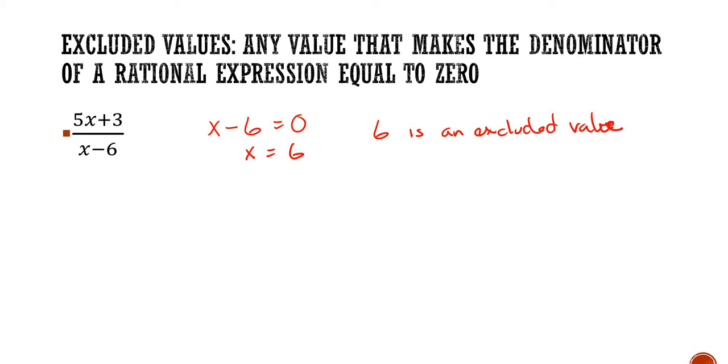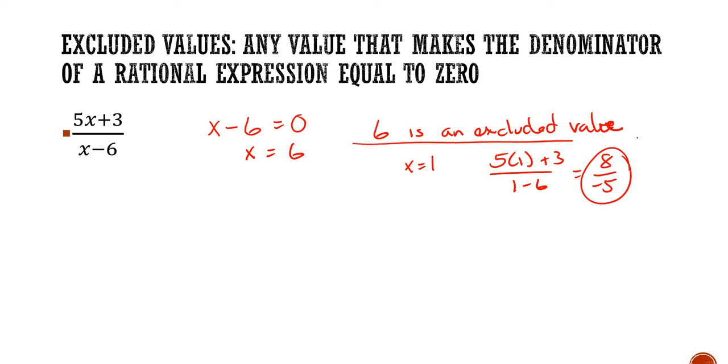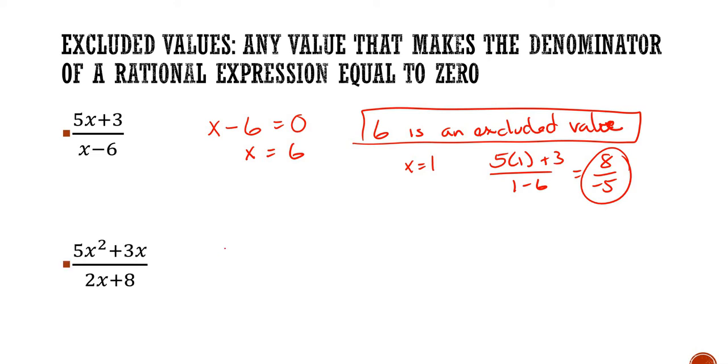Any other value that we want, we can plug into this to get a value for the expression. So we can say that, for example, when x equals 1, the expression is 5 times 1 plus 3 over 1 minus 6, which is 8 over negative 5. We can get a value, but 6 is excluded from x values.